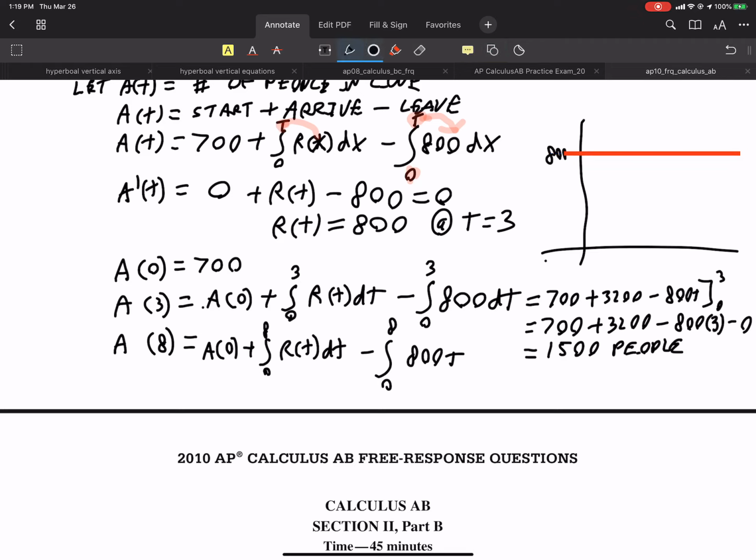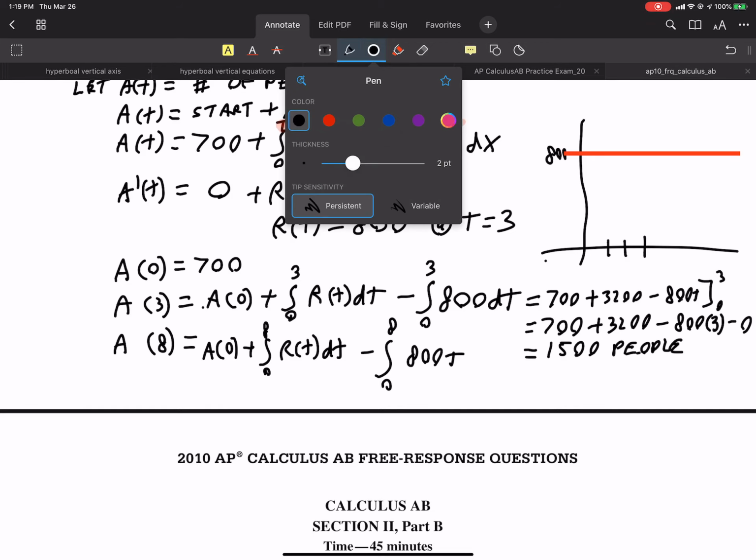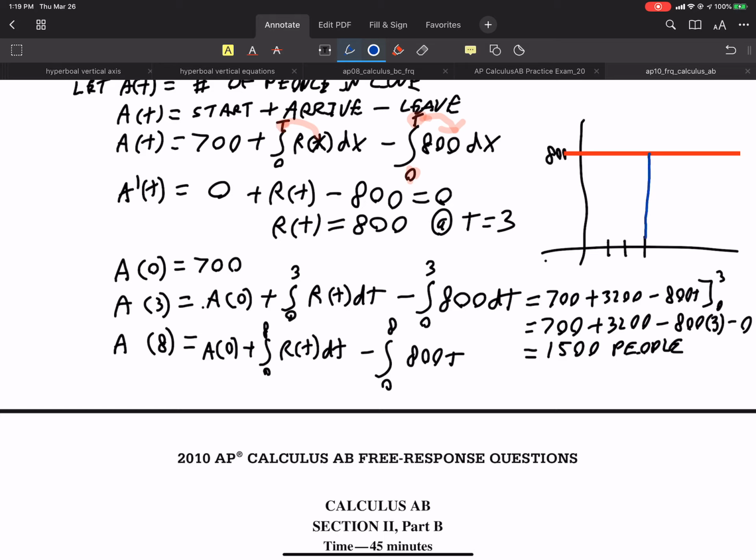So if we want to integrate that from 0 to 3, basically we want the net area from here to here. Clearly that's a rectangle. The height is 800, the width is 3, 800 times 3. So we could go directly to that without even doing this integral. They're leaving 800 people per hour, so in 3 hours, it's just 800 times 3. That would be much easier.